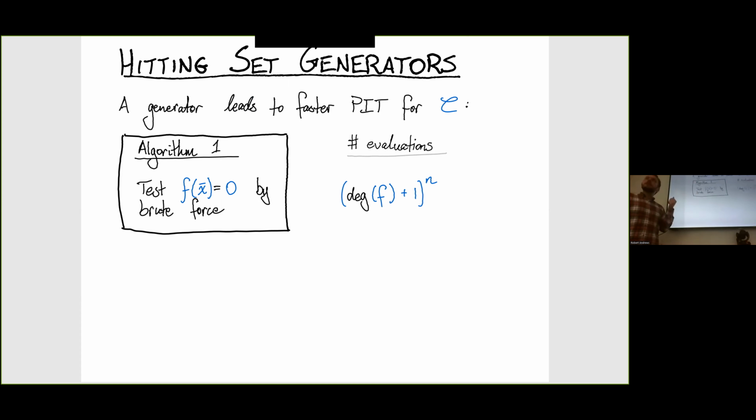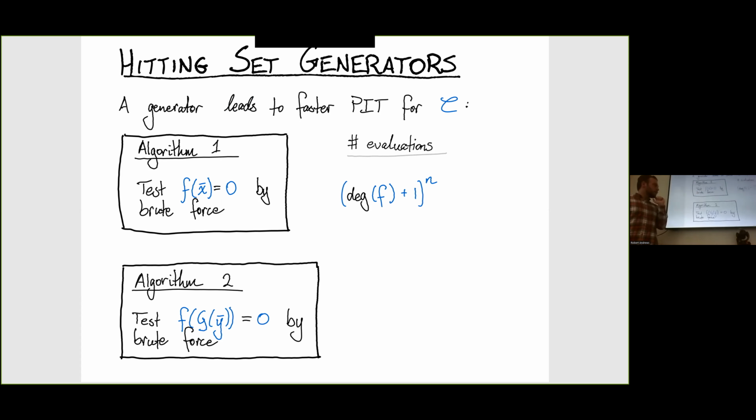What's the second algorithm that you might consider? Well, if I have this generator, I can take my polynomial, compose it with the generator, and then test if that composition is 0. And I can do this by brute force. Now, how many evaluations does this take? Now it's the degree of the composition, which is degree of f times degree of the generator, plus 1, raised to the seed length L, the number of input variables to the generator.